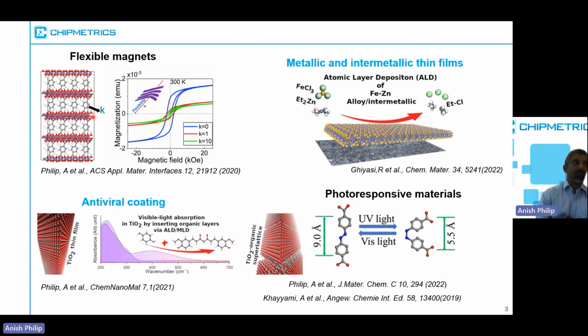Here we were using epsilon iron oxide as the magnetic provider, the inorganic layer, and in between the iron oxide layers we were incorporating organic layers, in this example terephthalic acid, that provide flexibility to this otherwise rigid epsilon iron oxide.